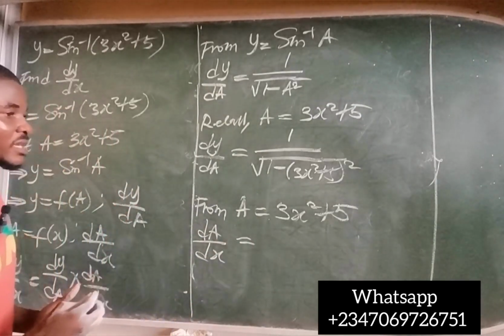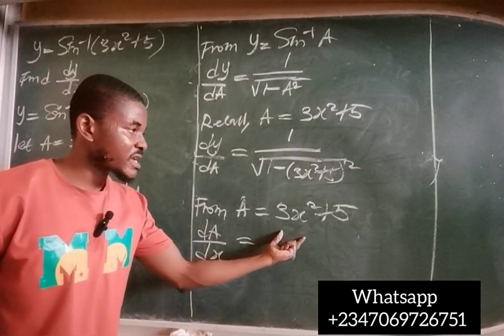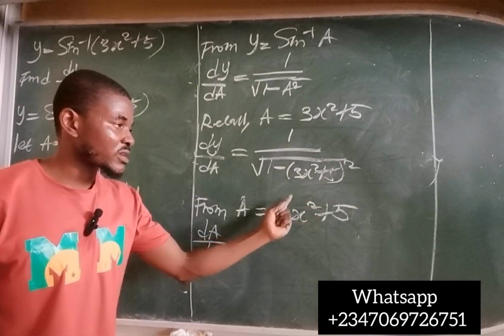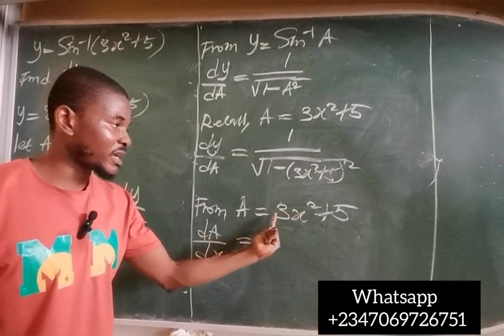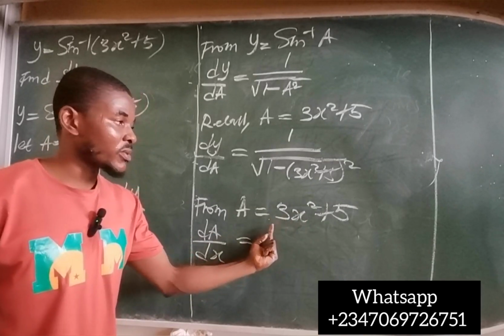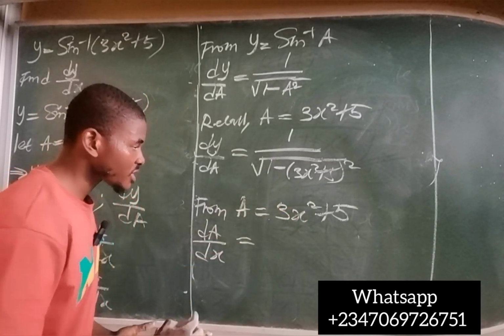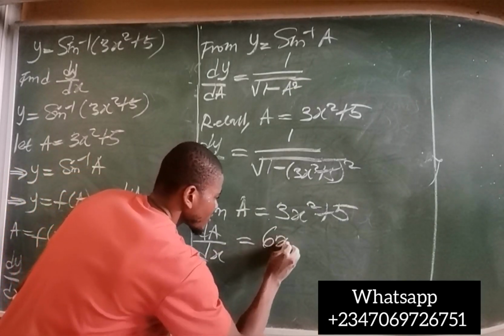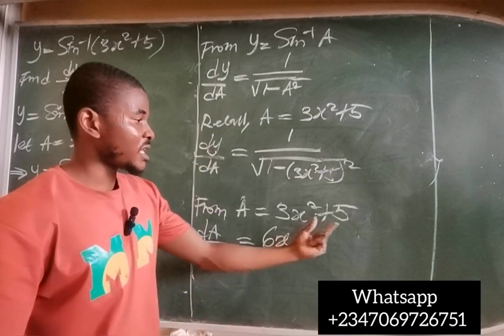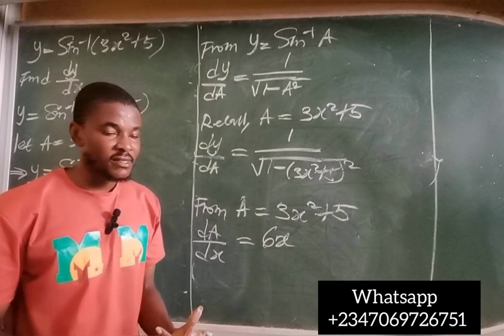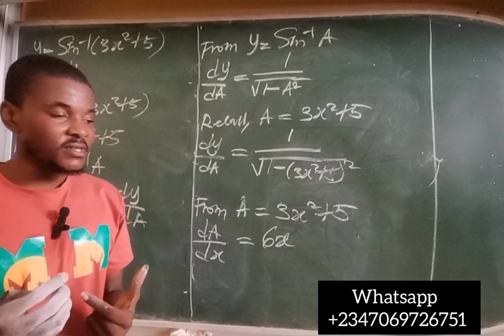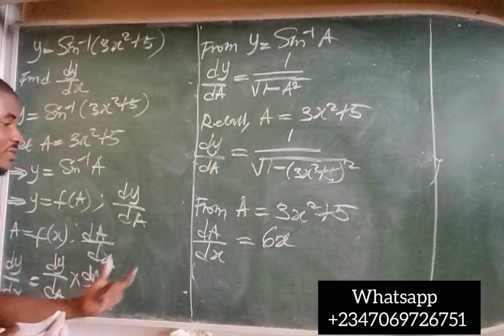That's da dx, and that's simply, if I differentiate x squared, I will use that 2 to multiply the whole of this value, so it becomes 6. So if I differentiate 3x squared, I will simply have 6x. And if I differentiate 5, it is a constant. The derivative of a constant is 0, so that's nullified.